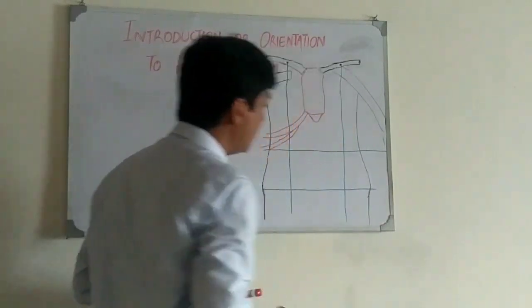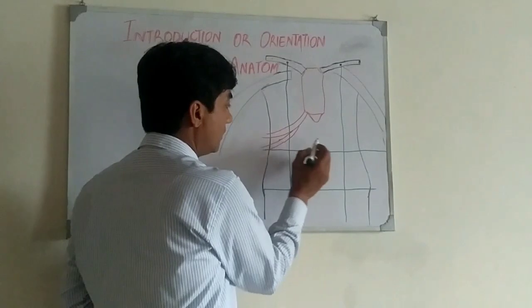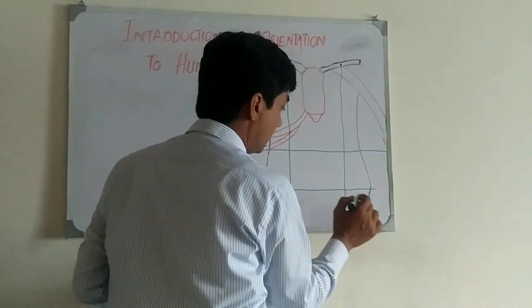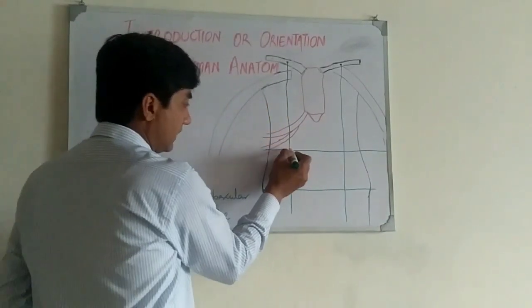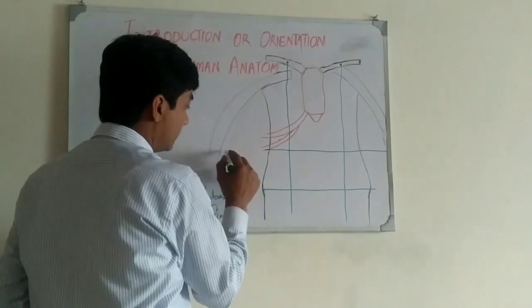So the abdomen is divided into 9 regions: 1, 2, 3, 4, 5, 6, 7, 8, 9. This line under the costal or rib is called the subcostal line.